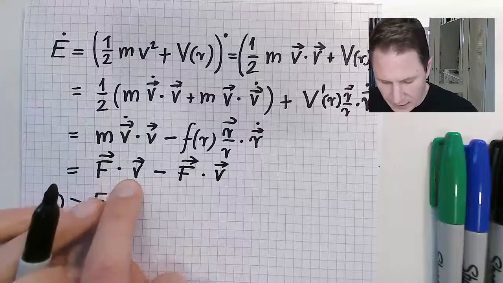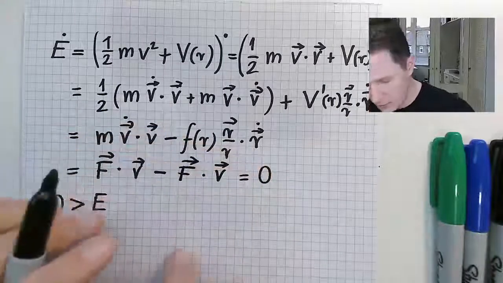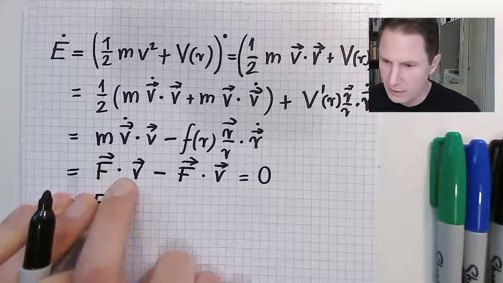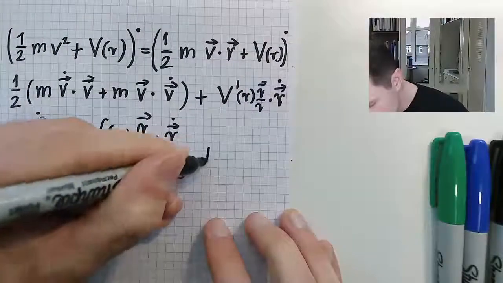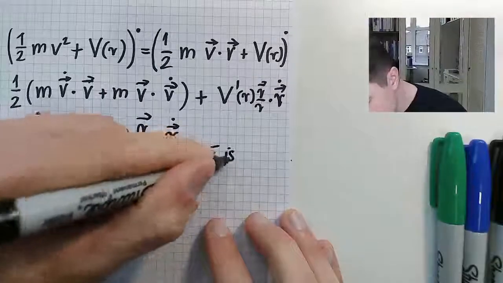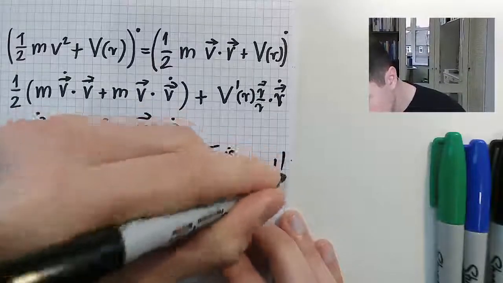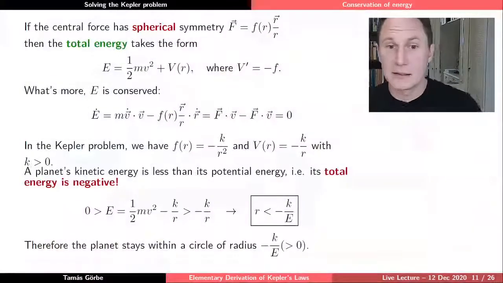So f dot v minus f dot v gives us 0 as a number, because we are taking the scalar product of f and v, right? So what we get here is 0, meaning that E, the energy, is constant. So the total energy of our system stays the same.